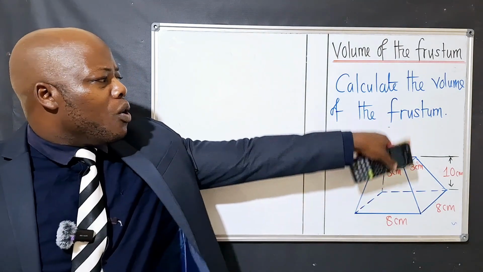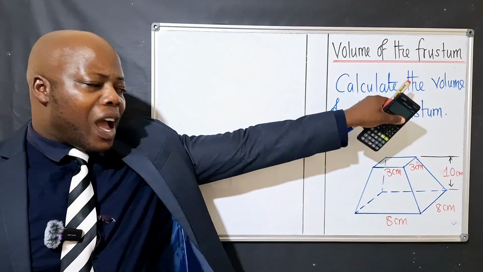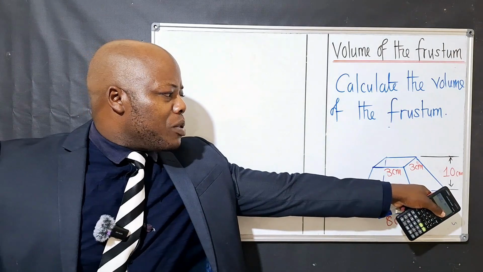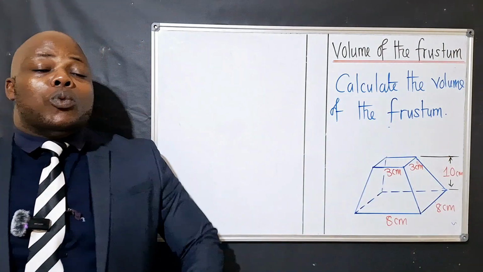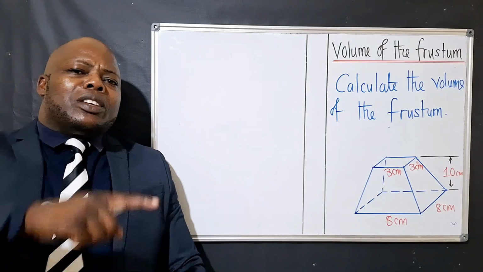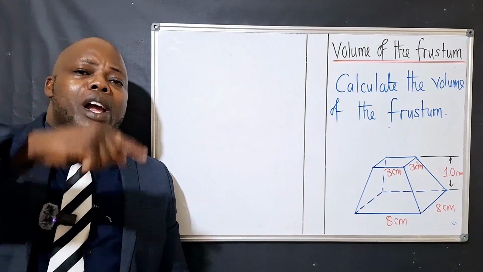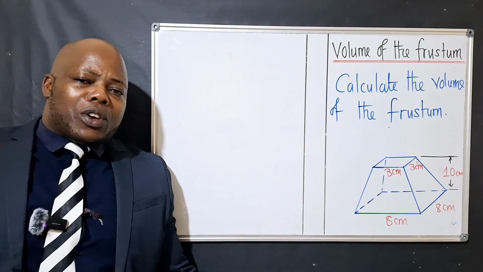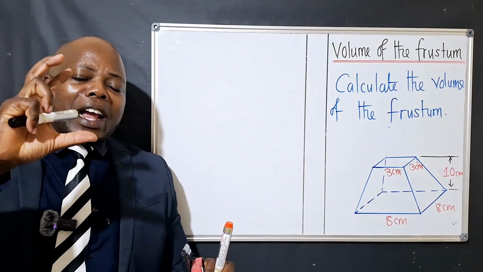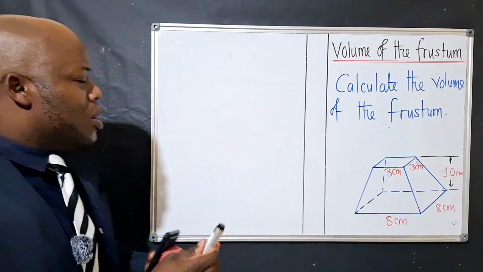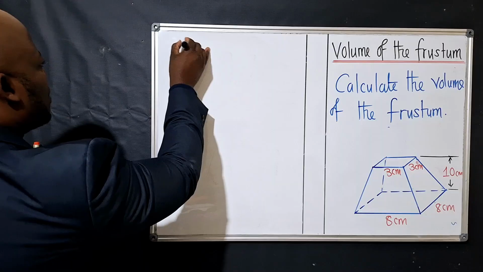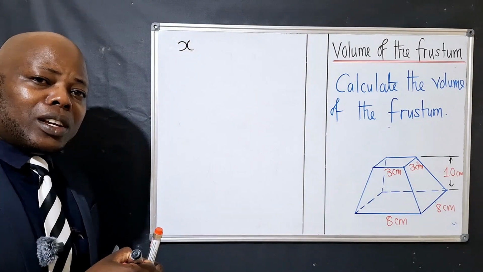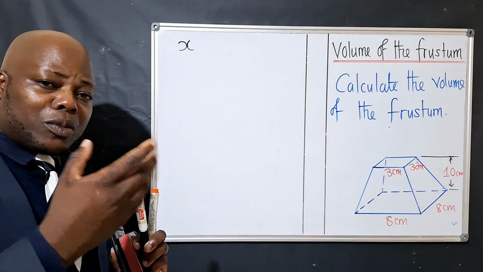We don't know where it was ending. We need to know the height. We've been given the height from the base to where it has been cut, which is 10 centimeters. But to where it ended, we don't know. So we need to find that height. And this is what we do. We say X, a letter of your choice, to represent the height of what has been cut.